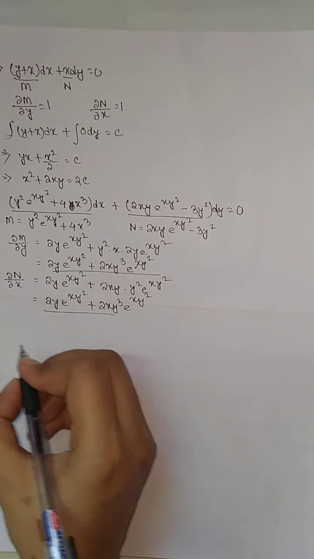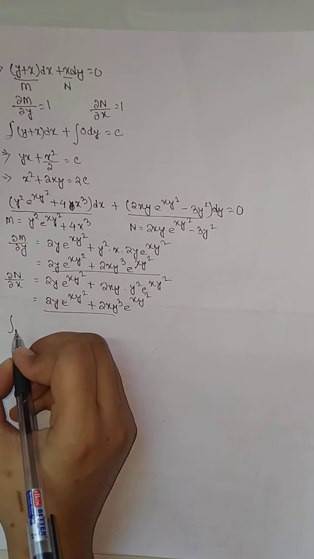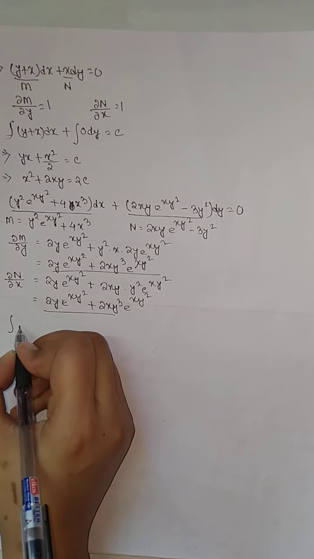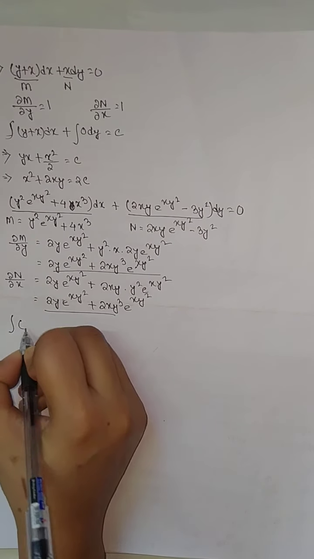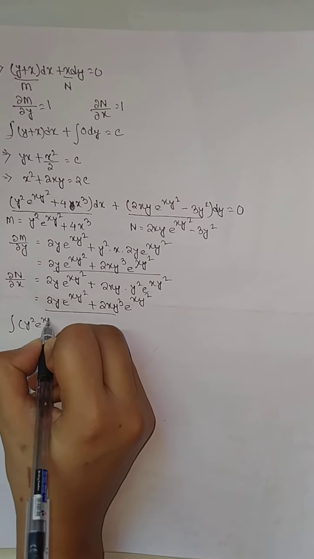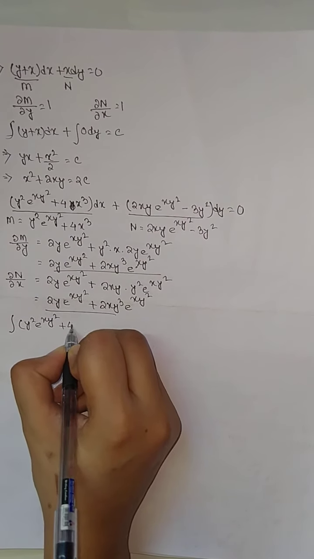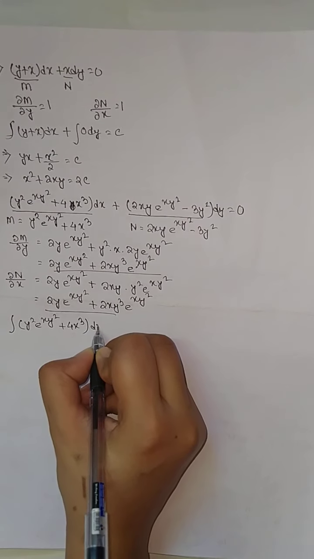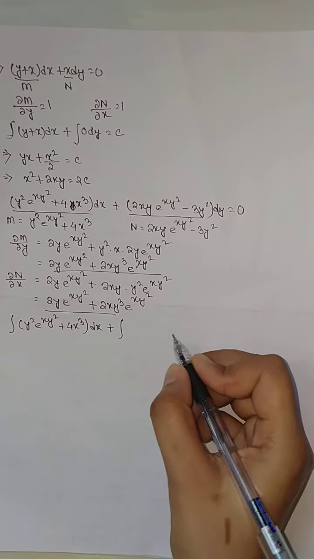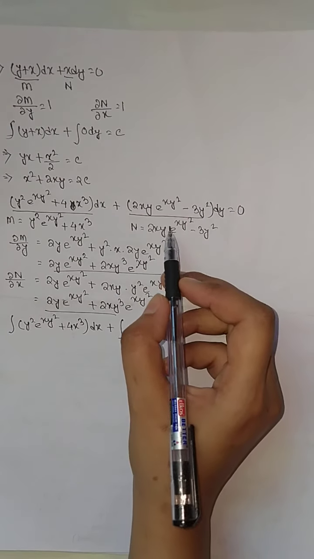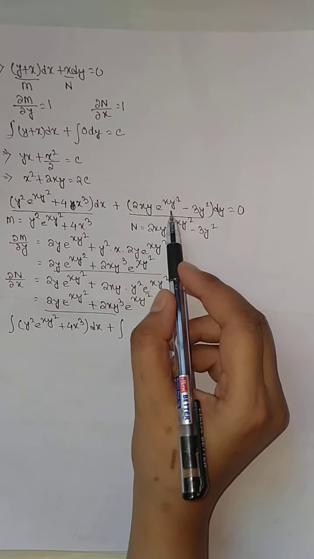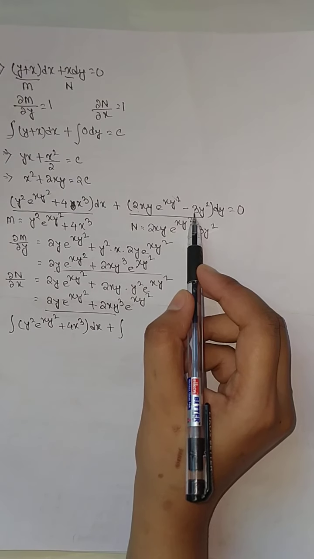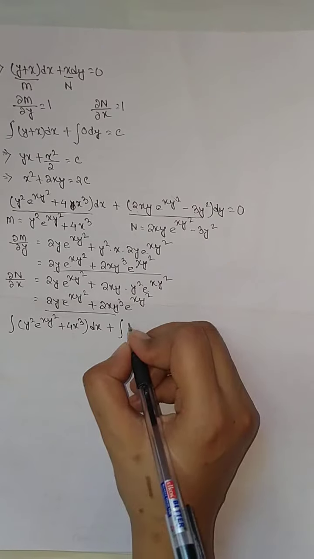So the general solution will be integration of M dx, where M is y² e^(xy²) + 4x³, dx, plus integration over N dy, terms of N not containing x. The first term contains x, but the second term does not contain x.